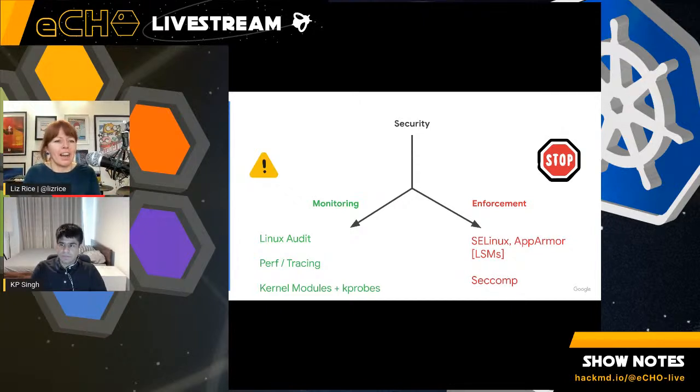That kind of thing is possible because you can make those dynamic decisions in BPF programs to say, what's the context of this event, and what policy do I want to apply?